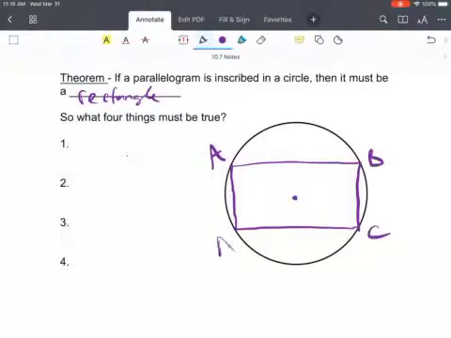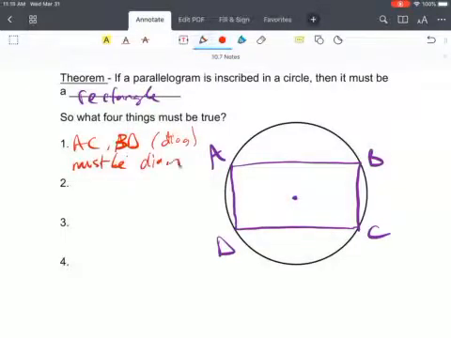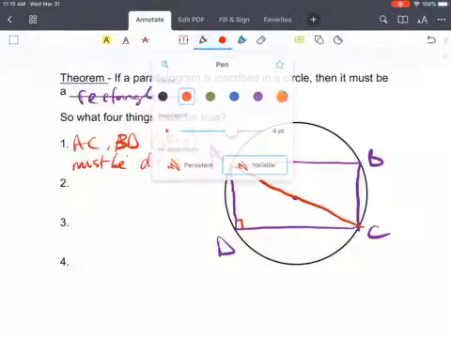Every single time when we have this, AC and BD, not only are they the diagonals, but they must be diameters. Because if we have right angles, that hypotenuse of the right triangle has to cut the circle in half, which means it is the diameter.